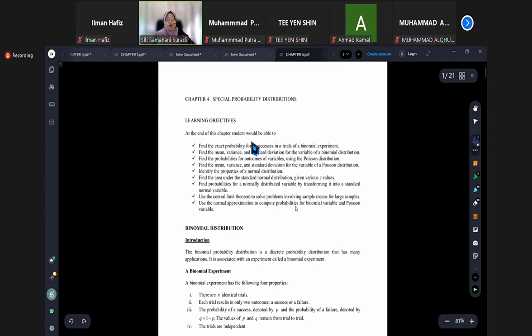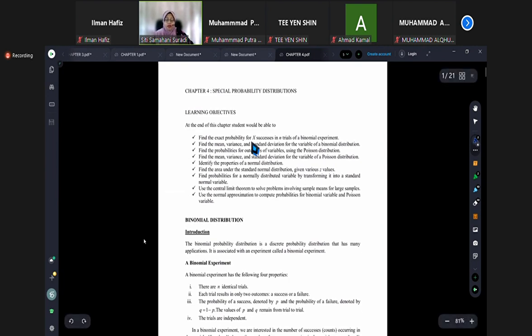Okay, now regarding binomial experiments. You need to know how to identify the x successes based on the n trials of the binomial experiment. So how many trials will occur, and you need to know the number of successes. And then after that, you need to know the probability value of the success and also the failure.